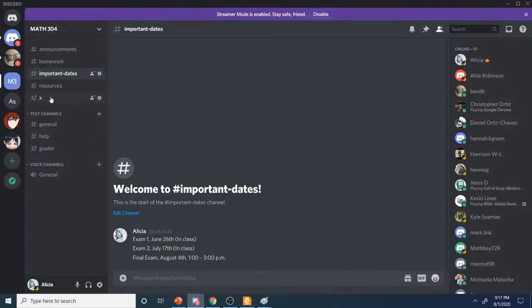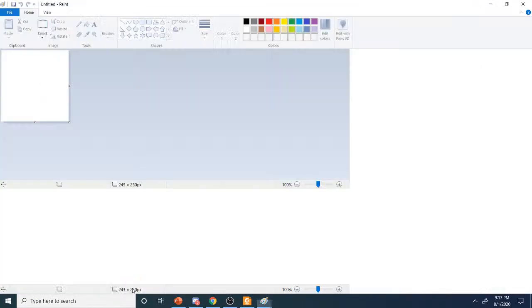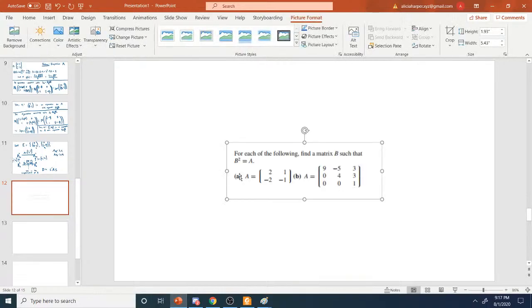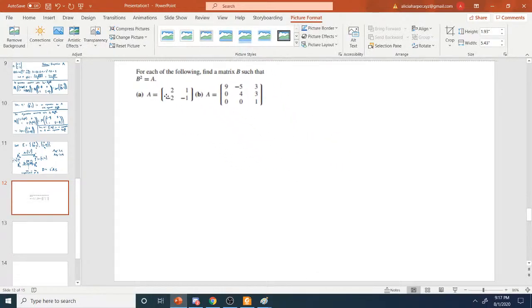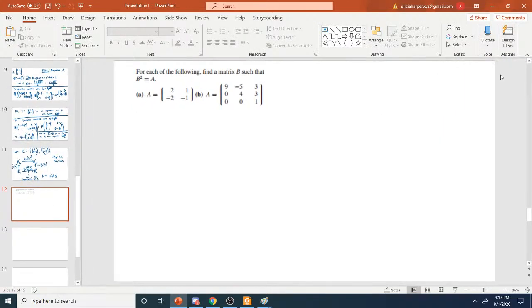So I should go over here and pull this up. For each of the following, find a matrix B such that B squared is equal to A.